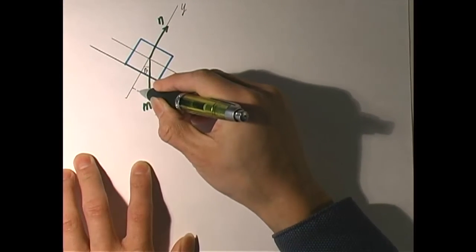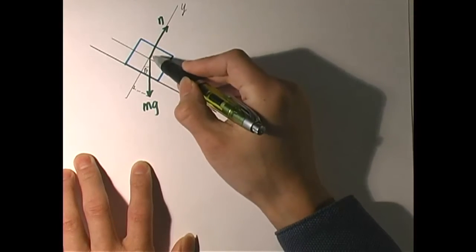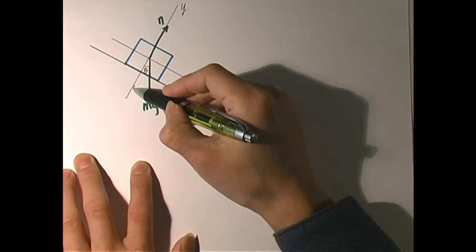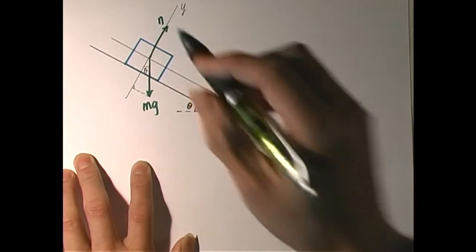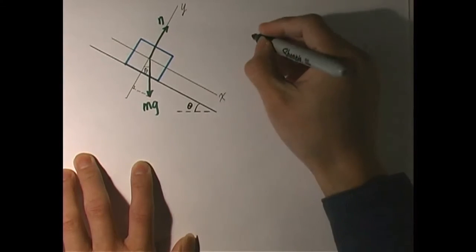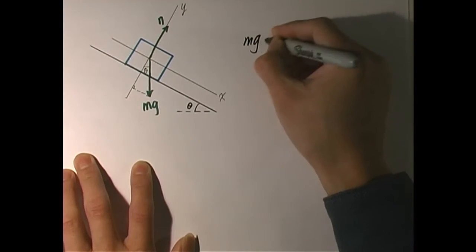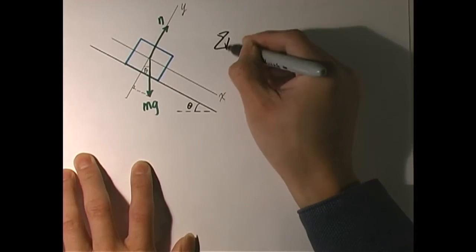Mg has an x component, and that's right here. This is mg, here's 90 degrees. Okay, this is mg, and that is the opposite side of the triangle. So we have mg sine theta, don't we? That is the sum of the force in the x direction.